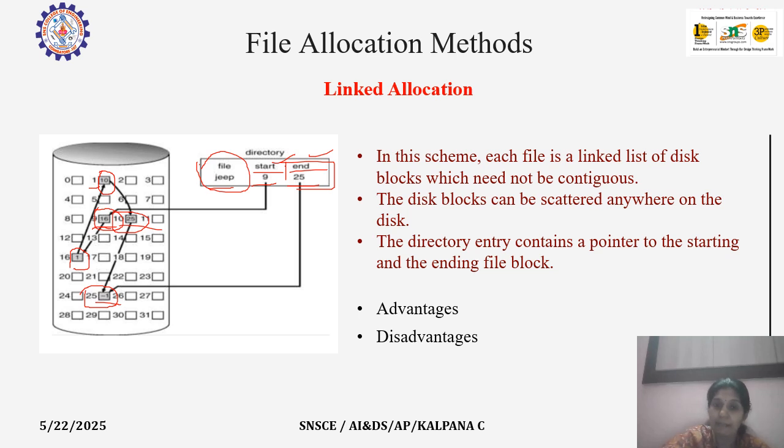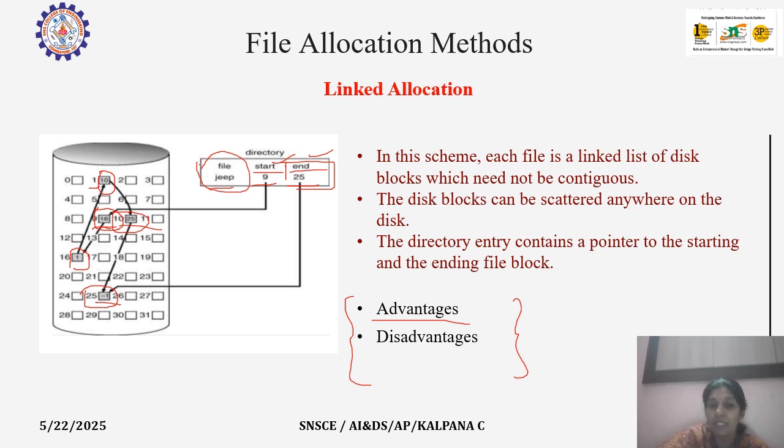Obviously this allocation will also have some advantages as well as its own disadvantages. When we say advantages, of course it eliminates the external fragmentation. Here, according to our wish, we are going to link the blocks.